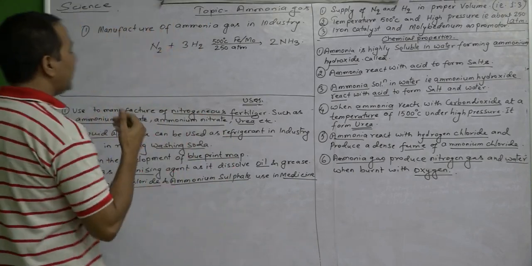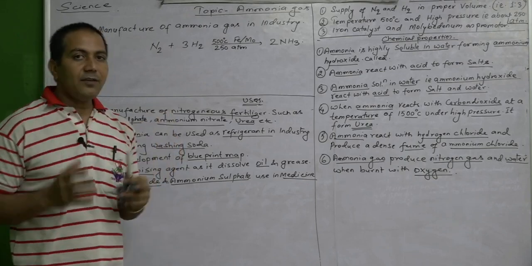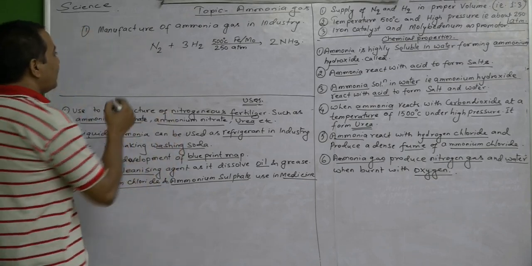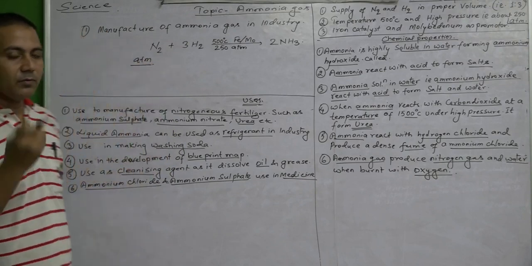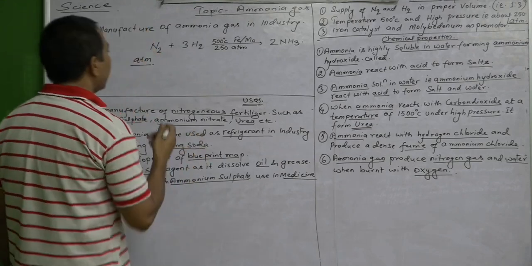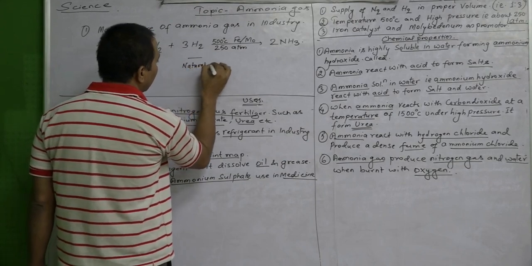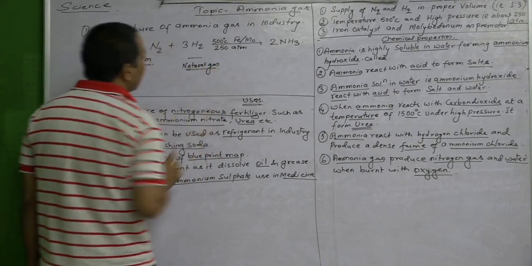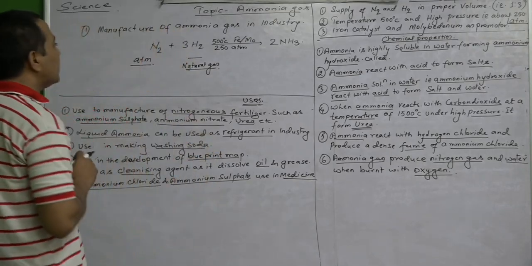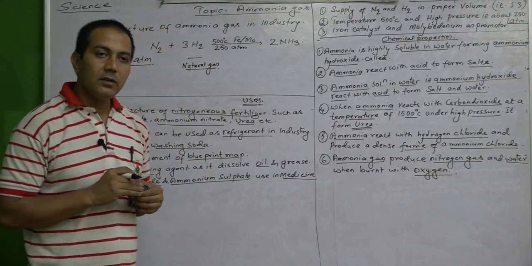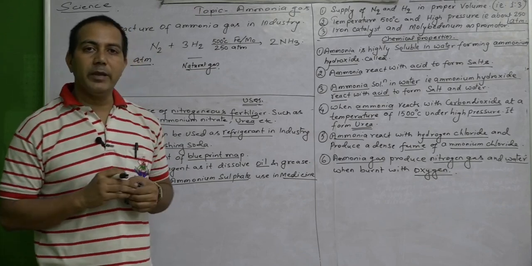I already told you in the last class also; I will repeat the same. Nitrogen gas is taken from the atmosphere, and hydrogen gas is taken from natural gas, and these are passed at a temperature of 500 degrees Celsius and approximately 250 atmospheric pressure.